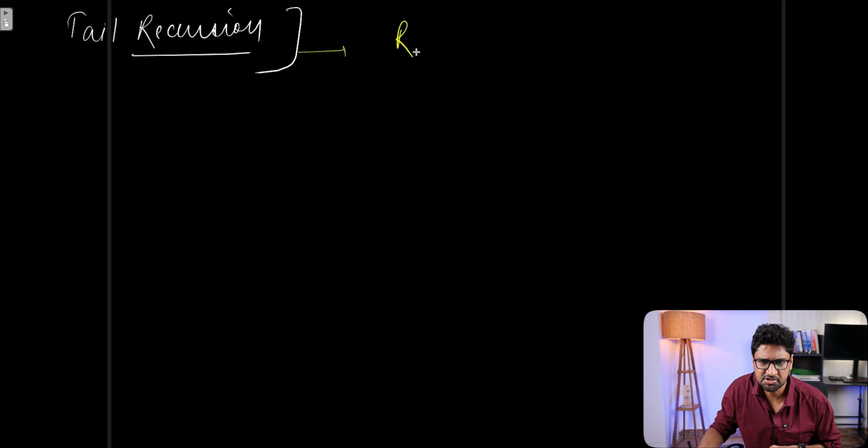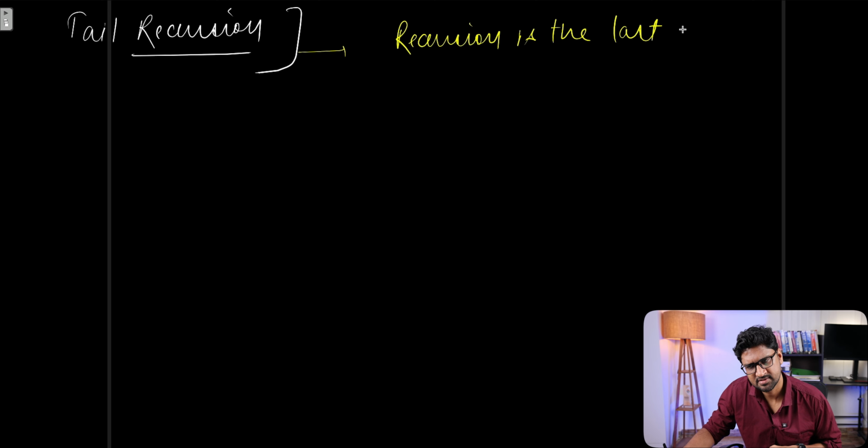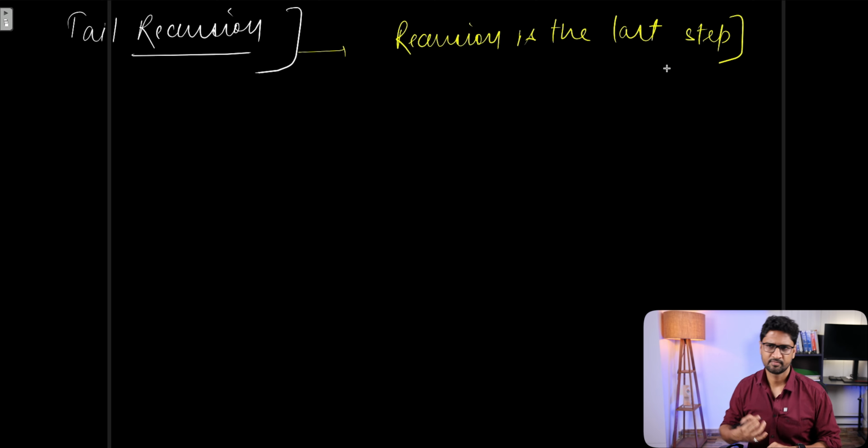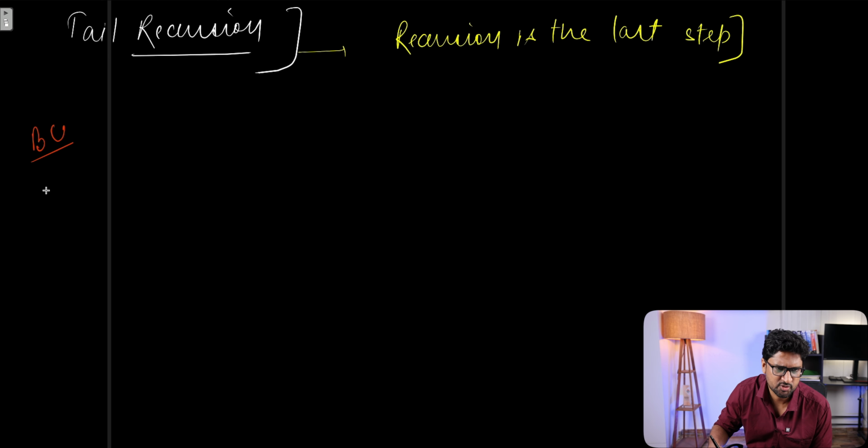So first of all, let's understand what tail recursion is and what head recursion is, and then we'll see why we say that tail recursion is more space optimized. Tail recursion is a kind of recursive program in which recursion is the last step. I always told you that whenever you call a recursive function, there has to be a base condition, there has to be the logic, and there has to be the recursive call.